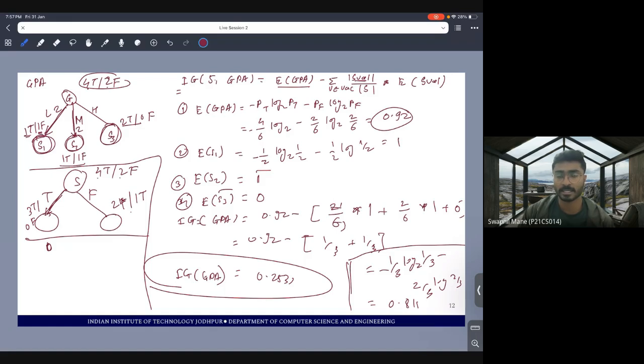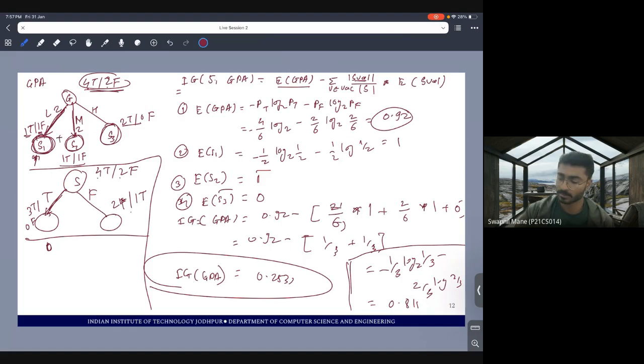It is the entropy of that particular attribute minus the sum, over each branch, of the samples split into that branch divided by the total samples, times the entropy of that split.